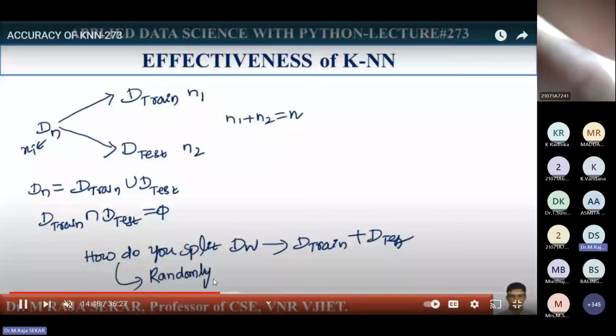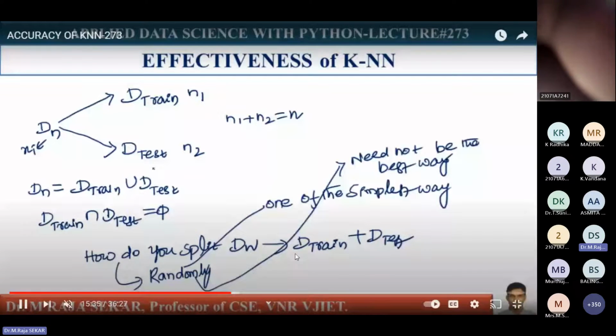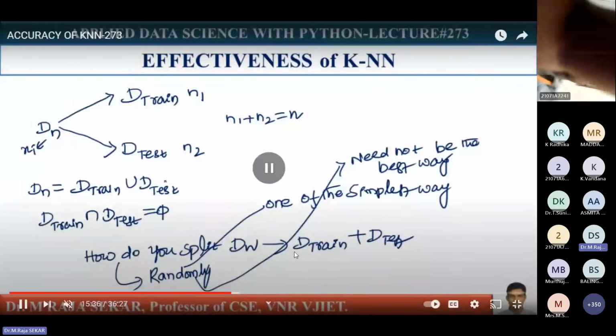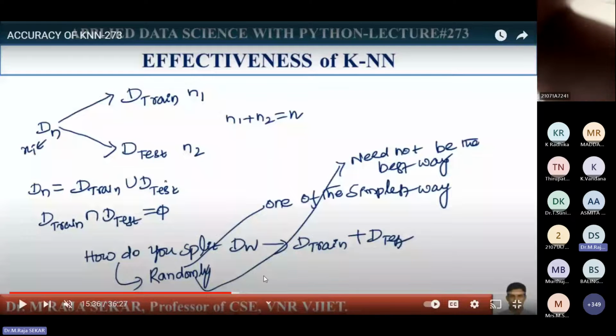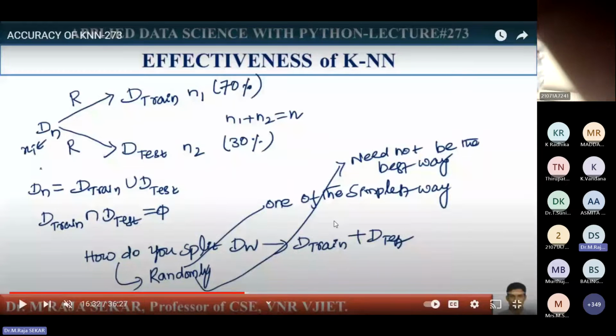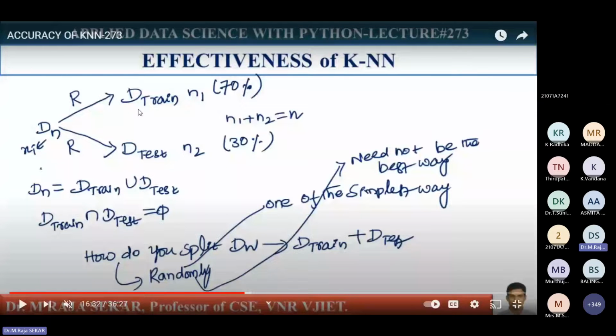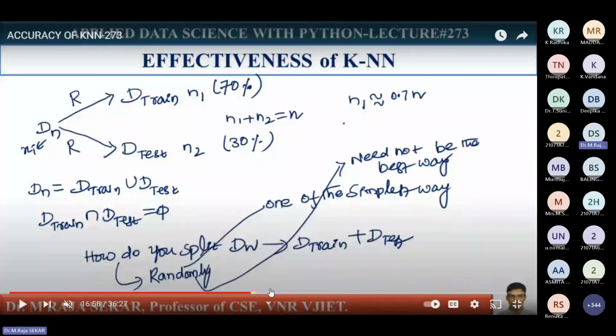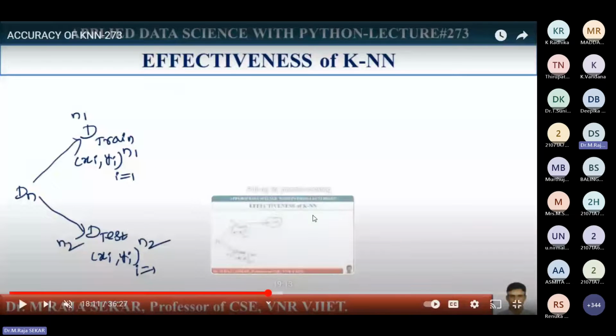There are different ways of sampling: time-based splitting, random splitting. For the time being, understand that I am splitting the data points in a random manner. Usually your training data set is 70% and your testing data set is 30%. Of course, it may vary, sometimes 80% and 20%, depending on your data set and the nature of the problem and the algorithm, but generally you can say 70-30.